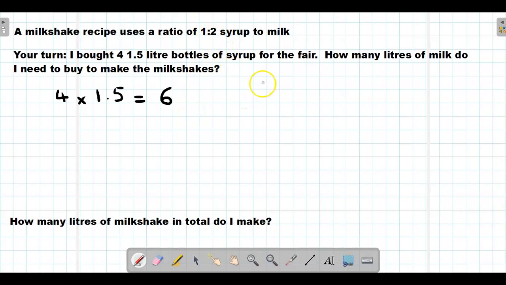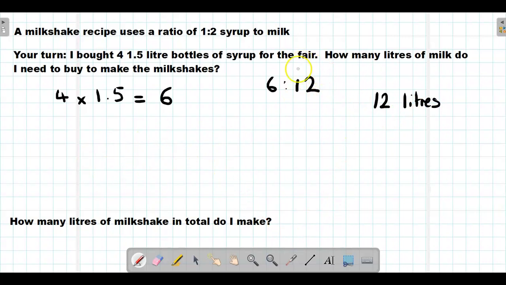Now remember the ratio, 6, slip it in, so that's part 1 to 2. So remember, what I need to do is double to get that 2. 6 times 2 is 12. So how many litres of milk do I need to buy to make the milkshakes? 12 litres.